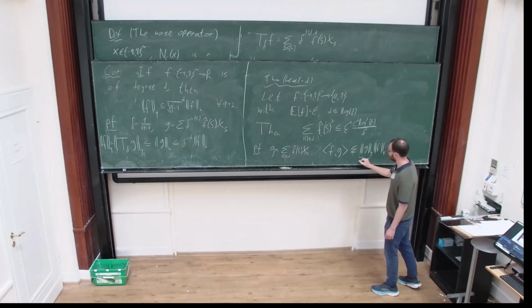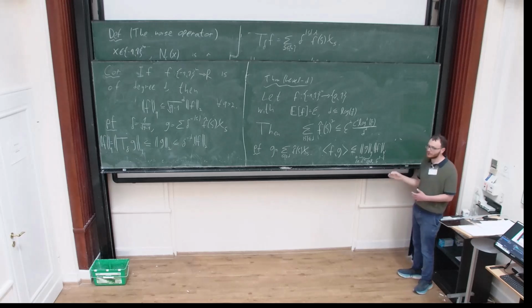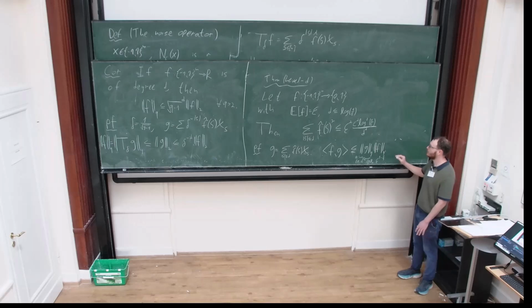And this is at most square root of q minus 1 to the d over 2 times the 2-norm of g. And here this is epsilon to the power 1 minus 1 over q. And you rearrange and choose parameters optimally, and you get this inequality.